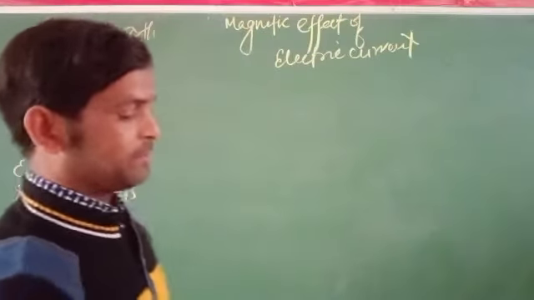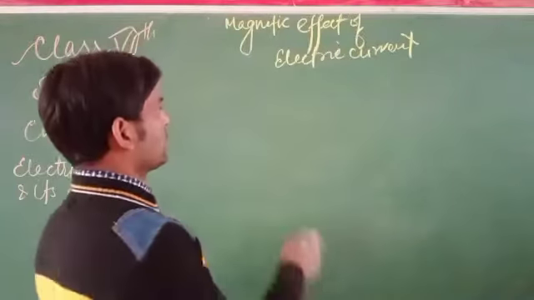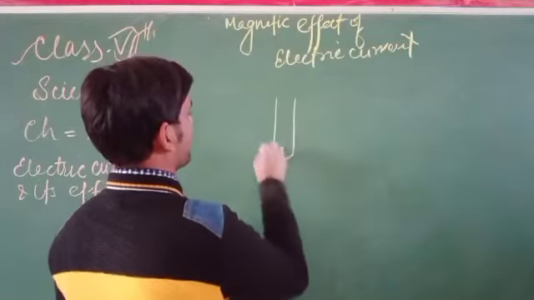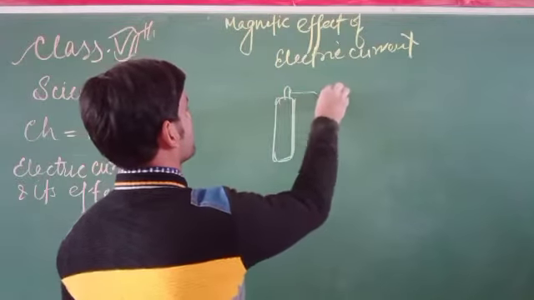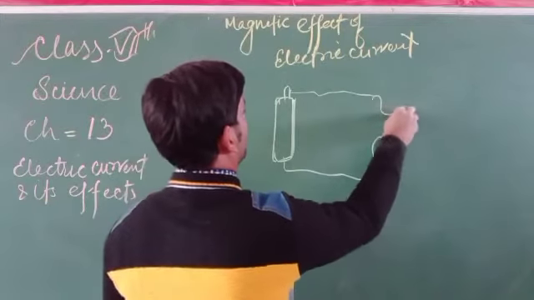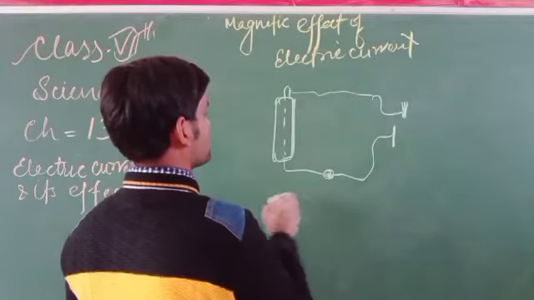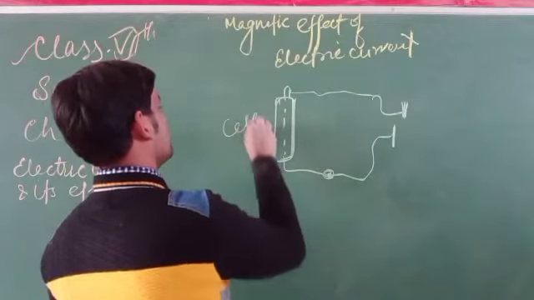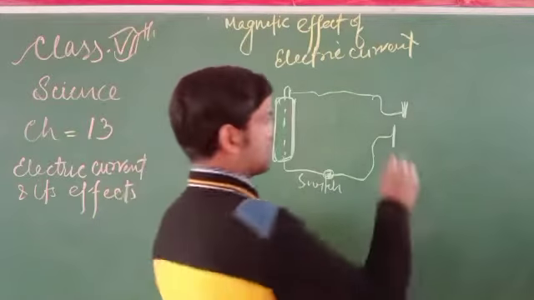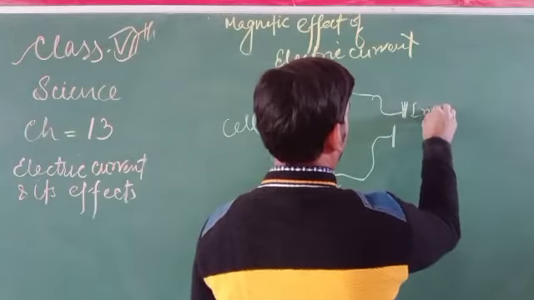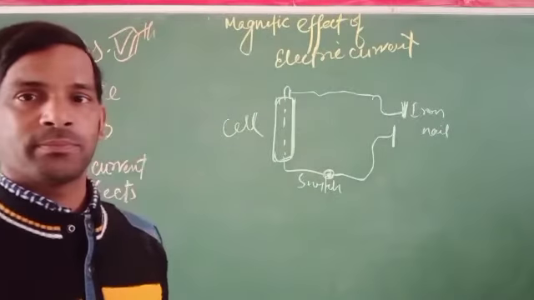The other topic in which we see, wherever a battery is taken, through the battery there will be a continuous supply of charges. Here is the switch, this is the cell, and here are two iron nails through which the electric current continuously flows.